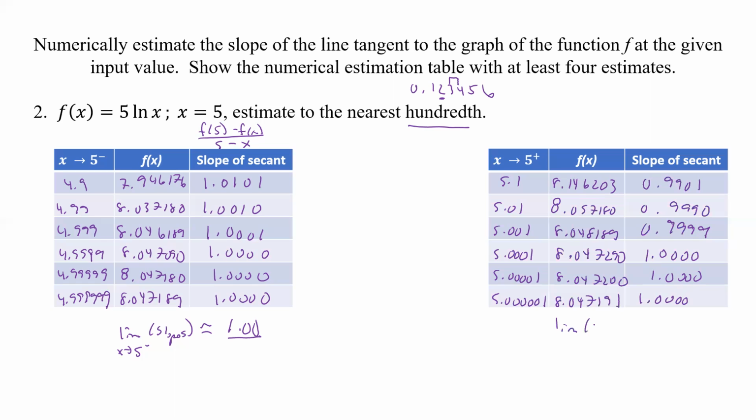The limit of our slopes is going to be approximately 1.00, as x goes to 5 from the right. Okay. Now, what does that tell us? F prime of 5 is approximately 1.00. And we found that once again by doing our limits here, okay? All right, so again, this is going to be the long way. You'll probably have to do one like this on the test. But then from now on, we're going to look at doing them via Excel.